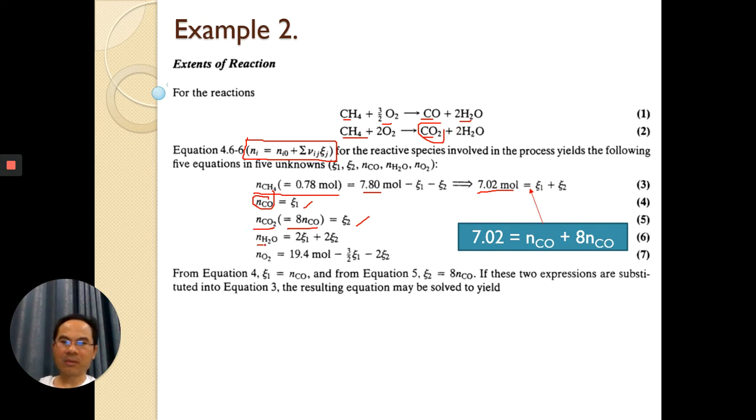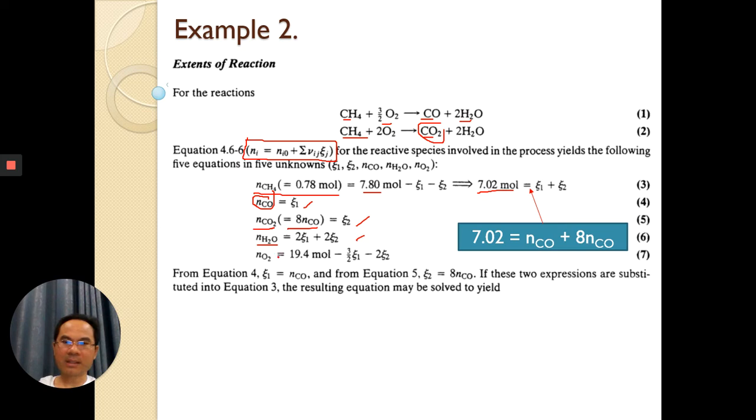NH2O, the water output, equals the water input, but there is no input water, plus nu ij for the first reaction. For water it is +2 multiplied by C1, and for the second reaction +2 multiplied by C2. Okay, the next term is oxygen.